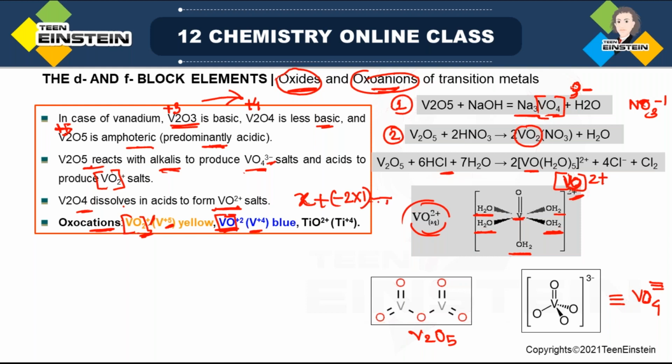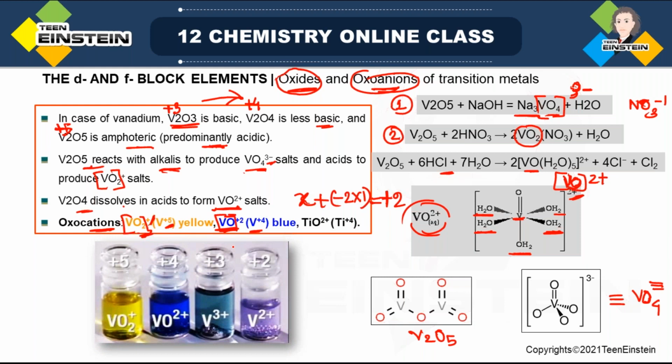Overall charge is +2. If you use this type of equation, you can easily find the value of X. So X minus 2 equals 2, so X will be +4. And this oxocation is blue in color.